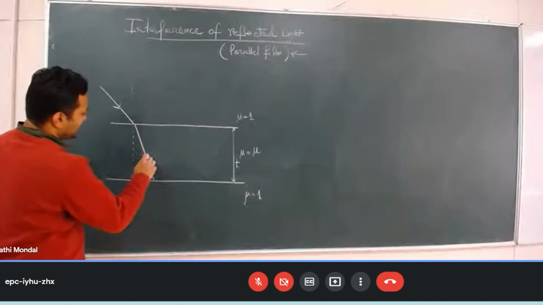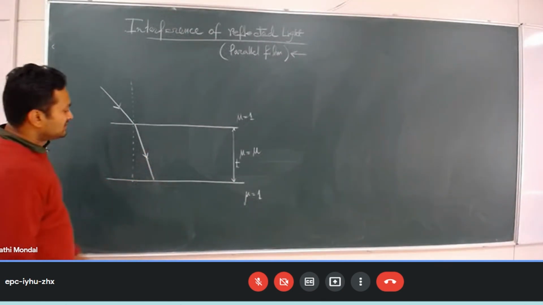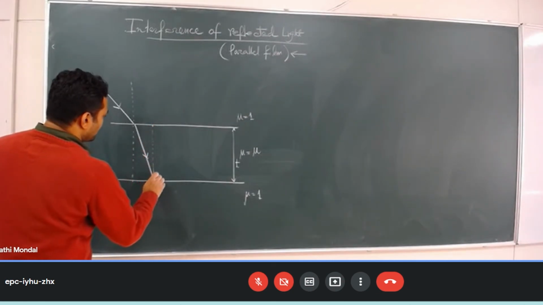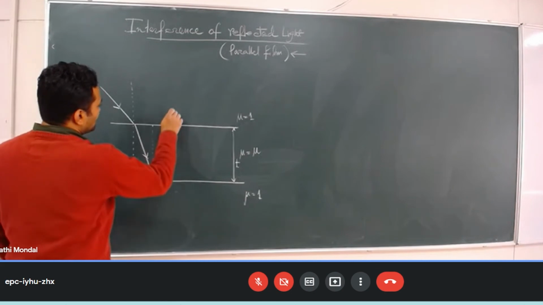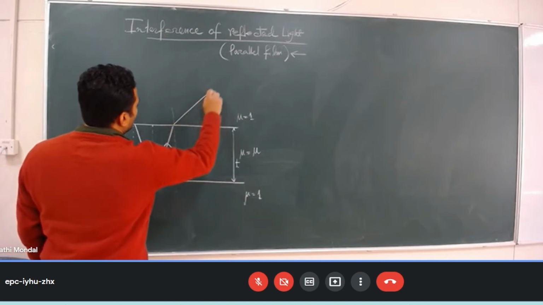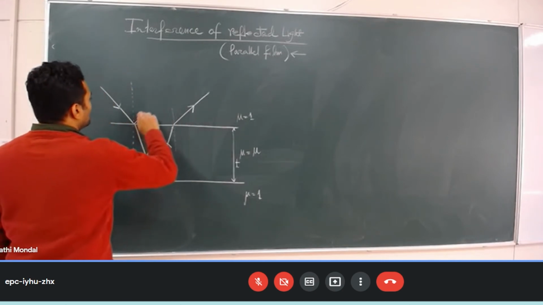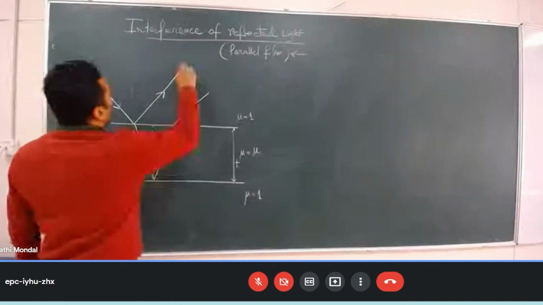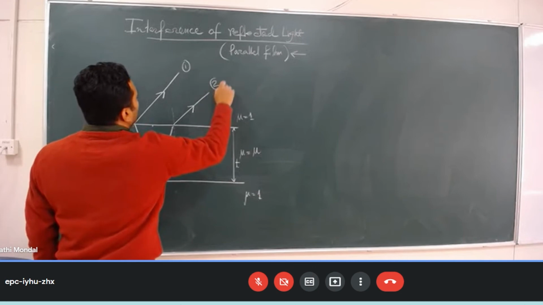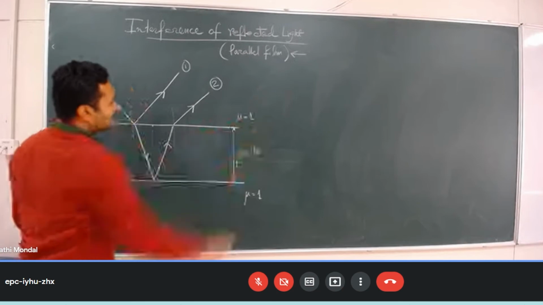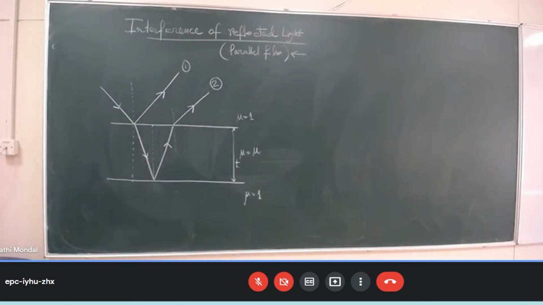You have refraction here, and then at this point you suffer another reflection, and then you have reflection here. I forgot to mention we have another reflection here. So it will not only stop here, it will go like this. An infinite number of rays will come out, and they will interfere to give you an interference pattern.